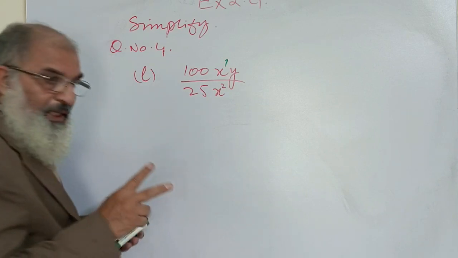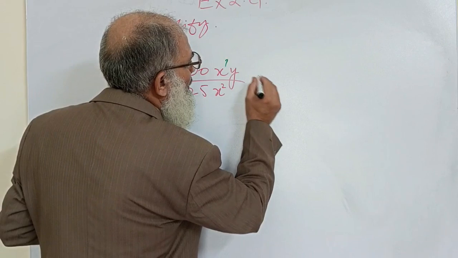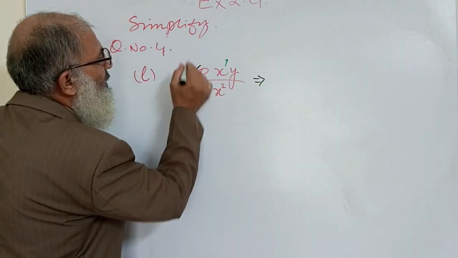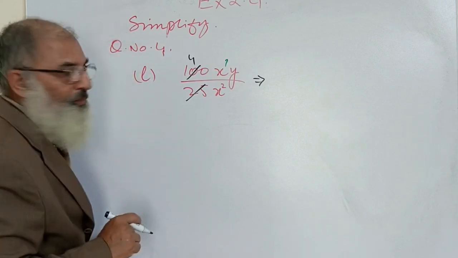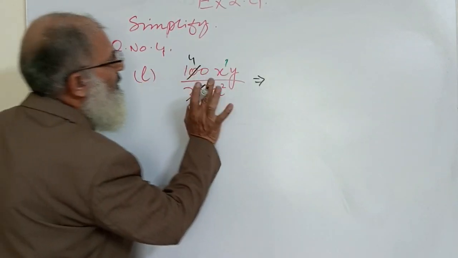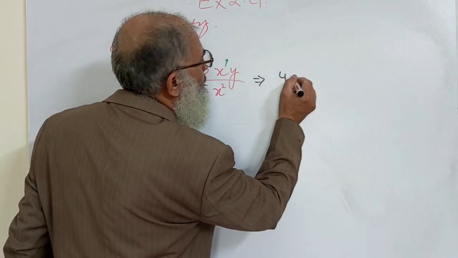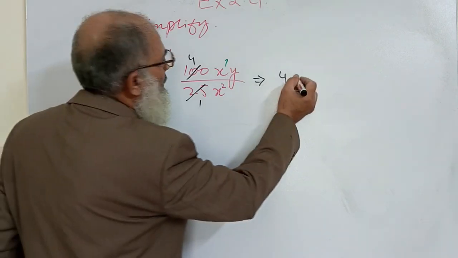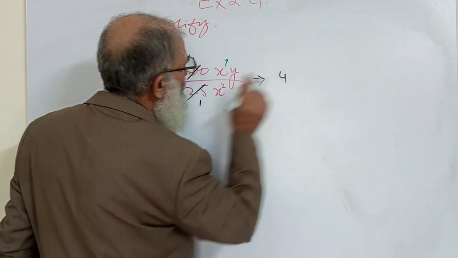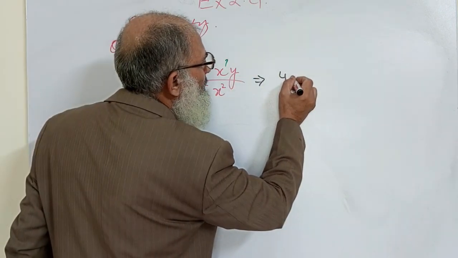Now there are again two ways of solving this. There is no doubt that 25 goes 4 times into 100, and that 4 is already solved. Now this is x and this is x square.